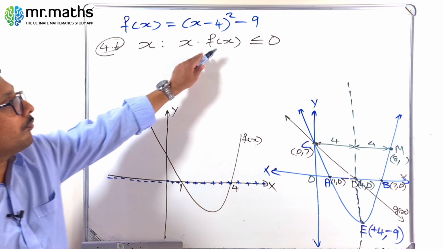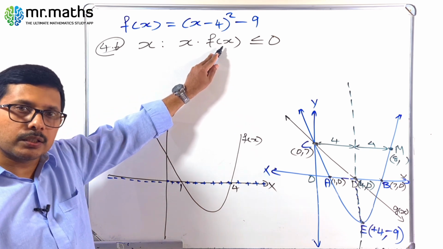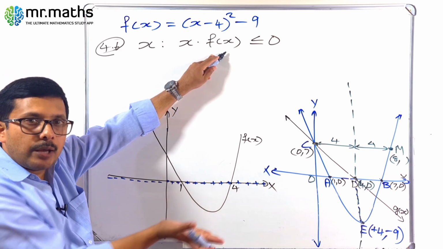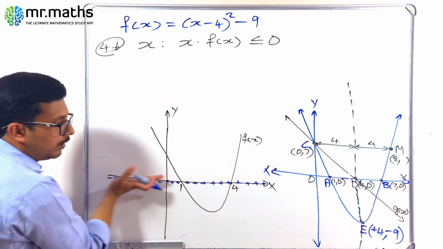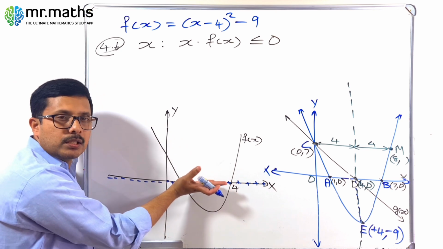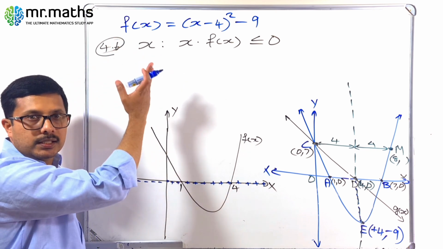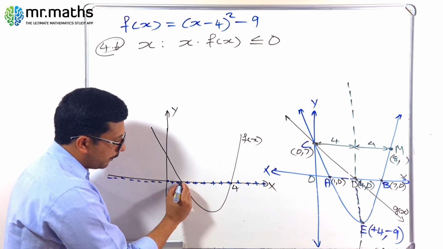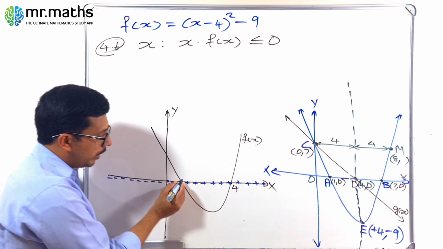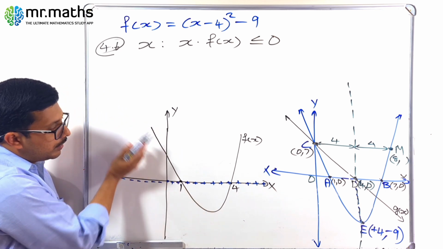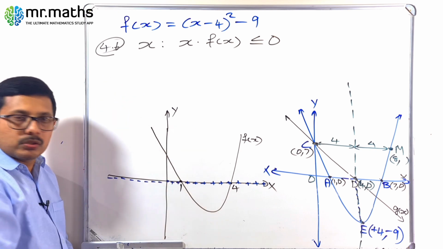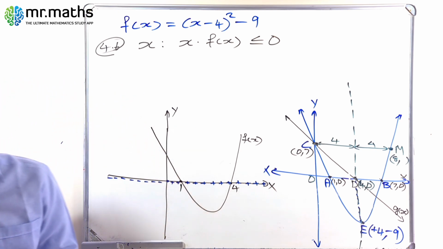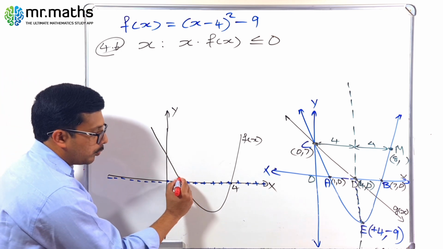Then f of x is positive means what? F of x is positive means it must be above the x-axis. A function is positive means it must be above the x-axis. Look at this one. From this point to this side, you can see that it is above the x-axis. So it's positive.